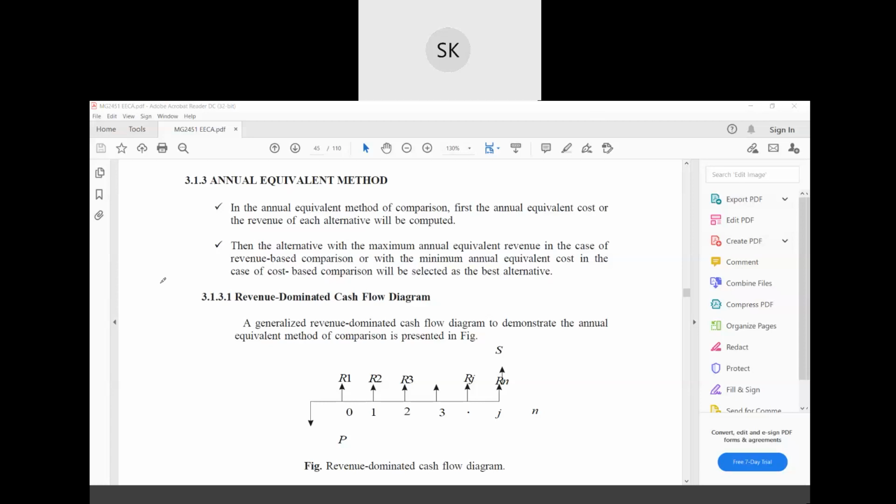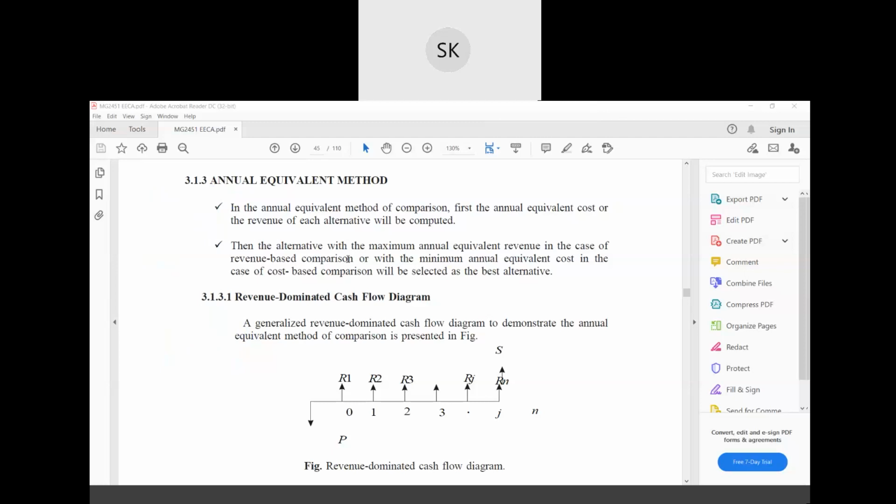Okay. So see, basically, when you select revenue as your main way to select the alternatives, it should be maximum. And when you select cost, it should be minimum. The alternative which is giving the minimum cost, you have to select that, and the alternative which is giving you maximum revenue, you have to select that.